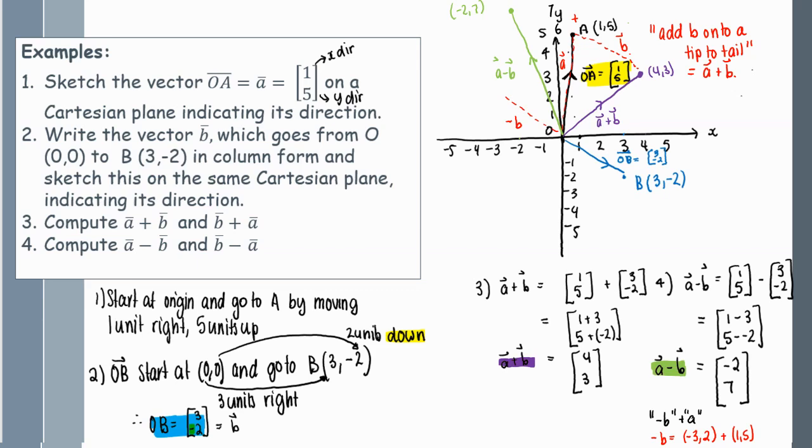So if I take the vector minus 3, 2, I would actually be somewhere over here. Then if I add the vector going to the right 1 and up 5 units, I end up at the exact same point, minus 2, 7. So that is a way you can visualize adding and subtracting vectors. And it is a little confusing to start with, but the more you do it and the more practice you get, the more you'll understand it.